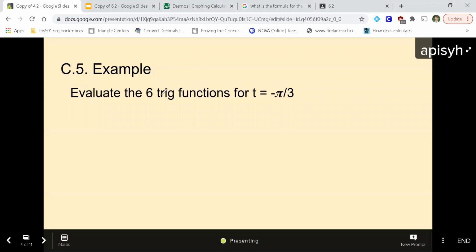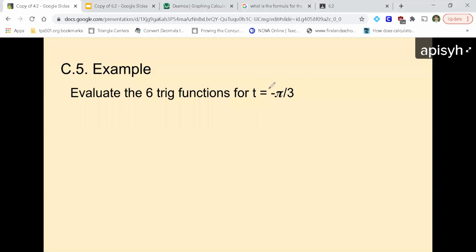That one. Evaluate the 6 trig functions. So let's talk about how you would do a problem like this. Every once in a while, they'll give you an angle that is not between 0 and 2 pi. Like this is -pi/3. That would be a problem, except we know how to find coterminal angles.